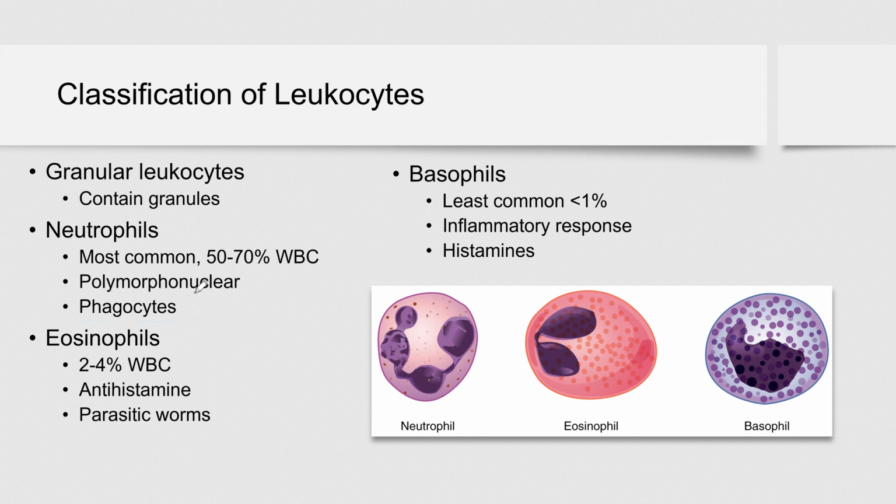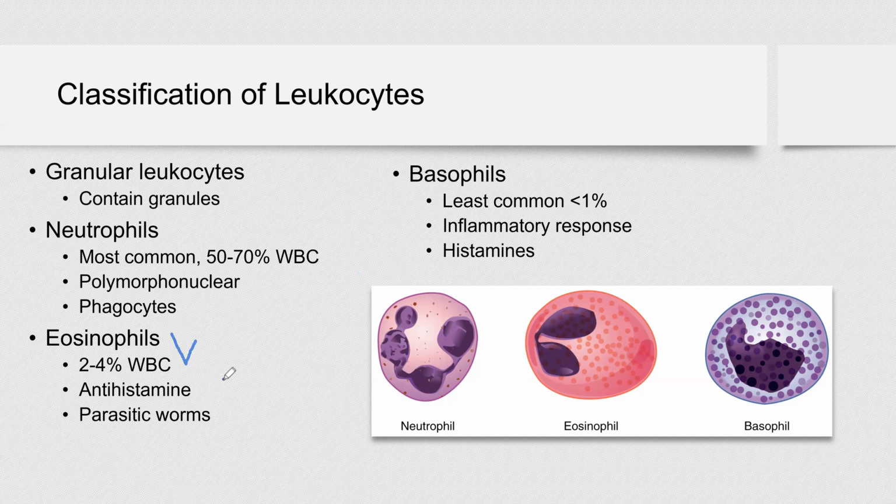And they are polymorphonuclear. That means we have lots of lobes of a nucleus. Poly means many, morpho means shape, and nuclear is nucleus. So the nucleus is made of several lobes, many shapes. And the major job of this one is to fight bacteria.